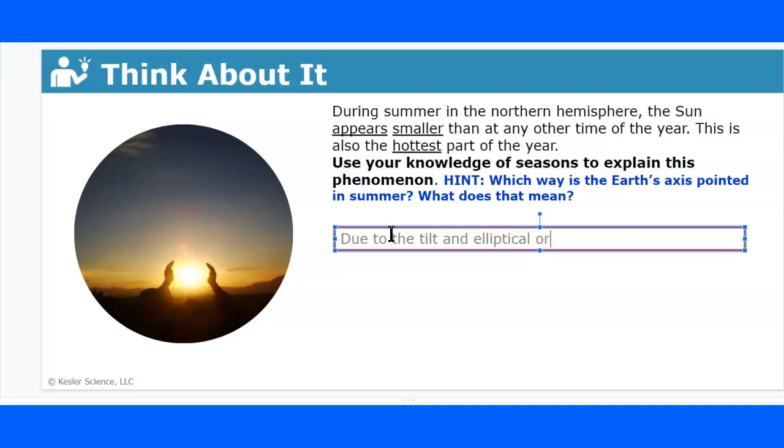And orbit means the path. The northern hemisphere is actually farther away from the sun in the summer.